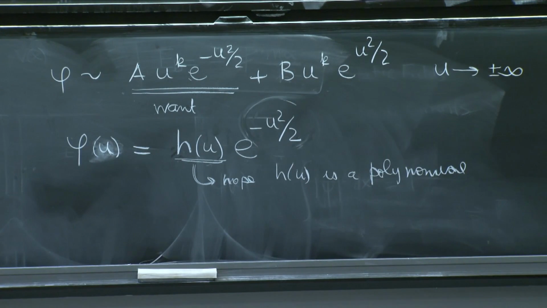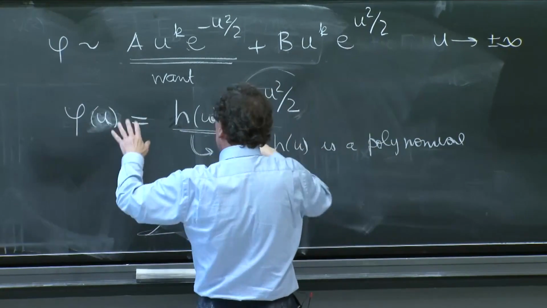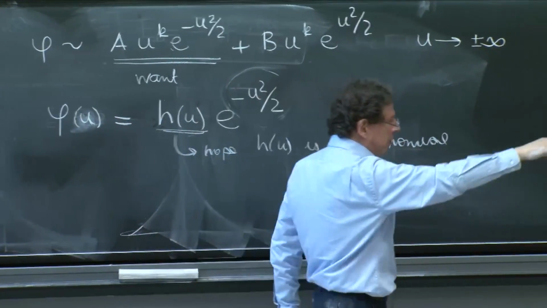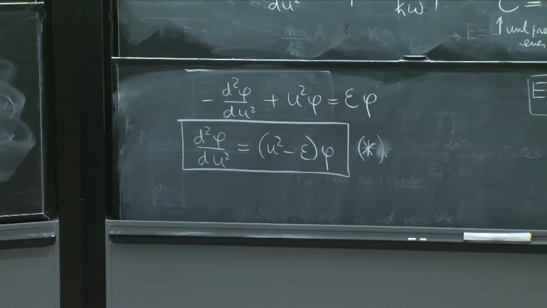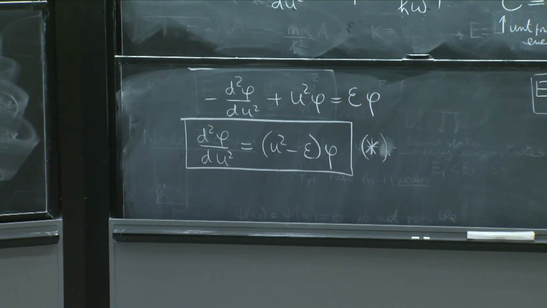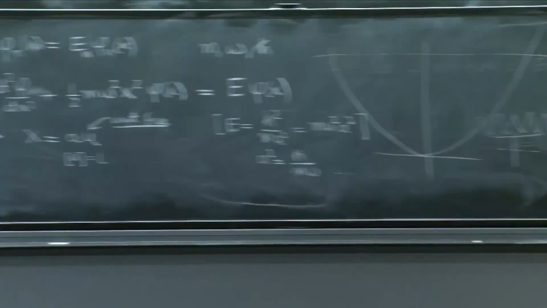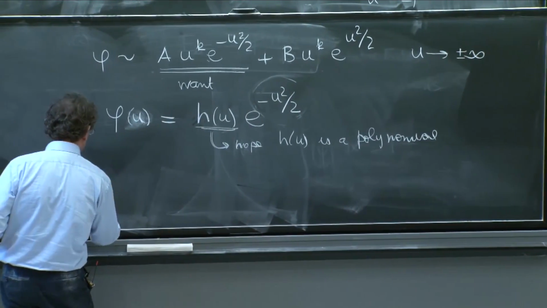So for exploring that hope, I now have to substitute. This is no assumption: the differential equation for phi implies a differential equation for h. You just substitute this and look at it. That's a one-line computation or a two-line computation. I'll give the answer. So what is the differential equation for h?